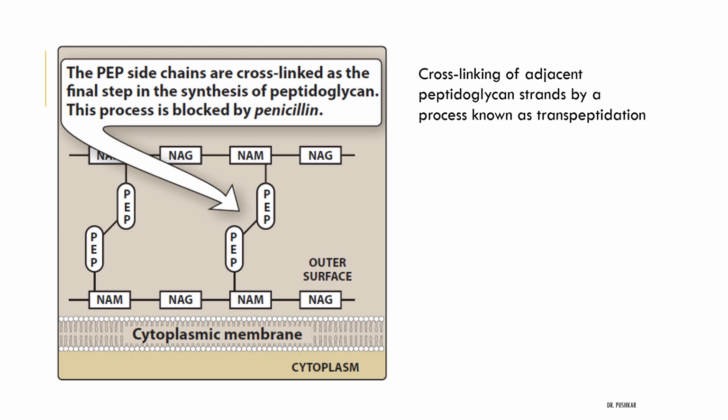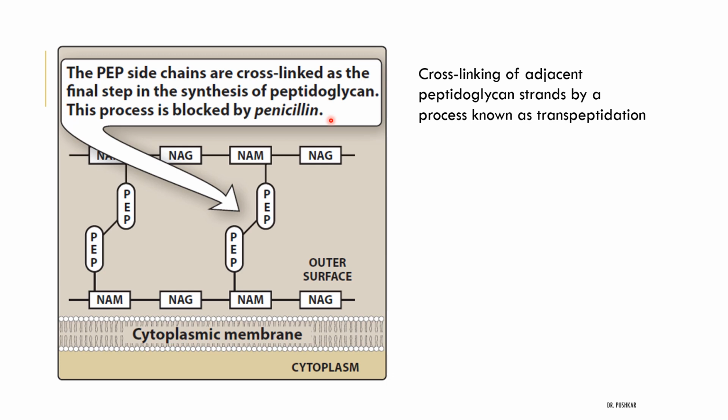So now what really happens is that this is the NAG, and the NAM, and the NAM are joined with the peptide chain, and this cross-linking of adjacent peptidoglycan strands is done by the process known as transpeptidation, means the transpeptidase enzyme forms this bridge. And this last step is blocked by the penicillins.